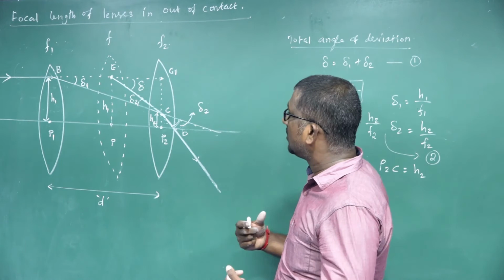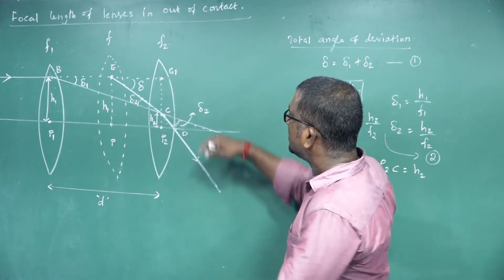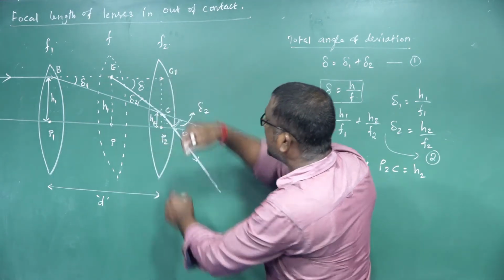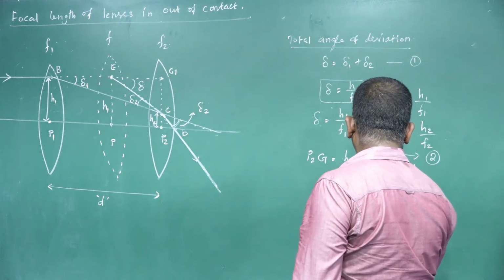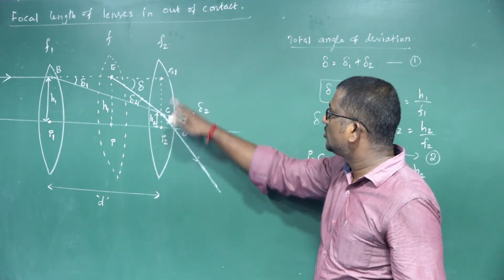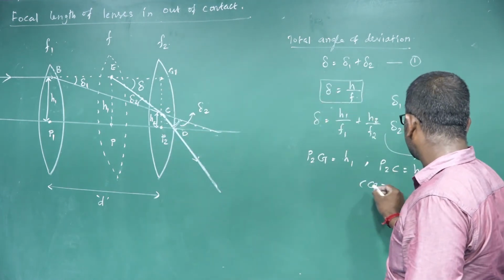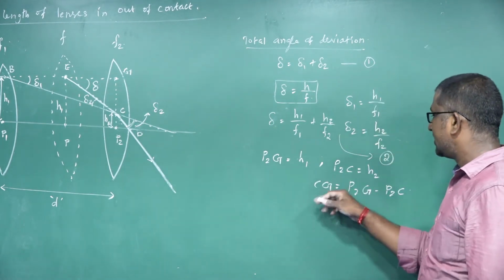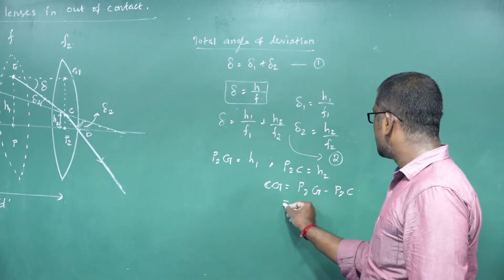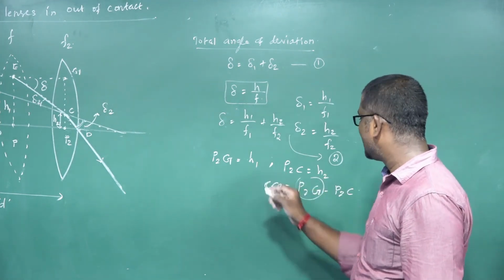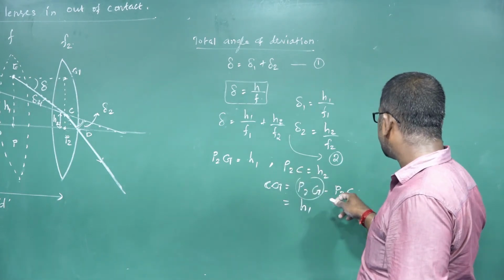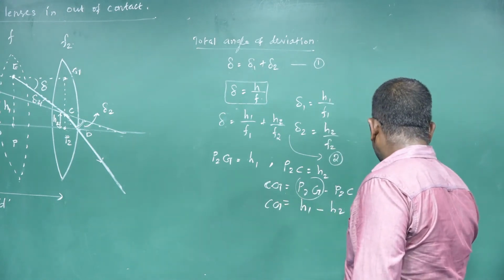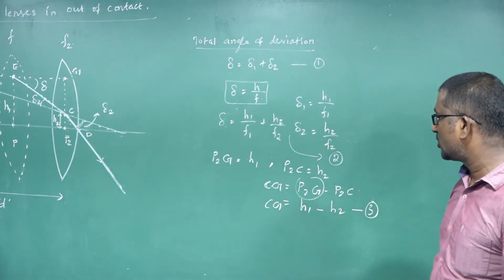Suppose we need CG. We subtract P to C from P to G. CG is equal to P to G minus P to C, so CG is equal to H1 minus H2.